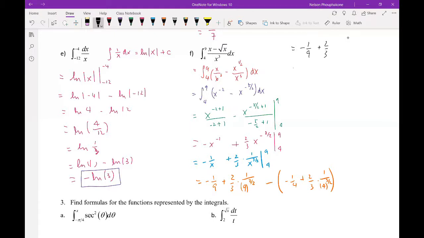So again, remember 9 basically is 3 squared. So I will have 1 over 27 minus -1/4. Let me do this: plus 1/4, and then plus. Now this is basically 2 cubed, so I will have 2/3 times 1/8.